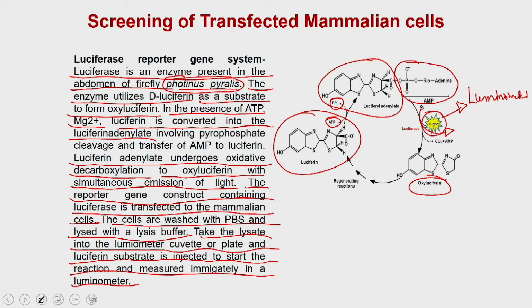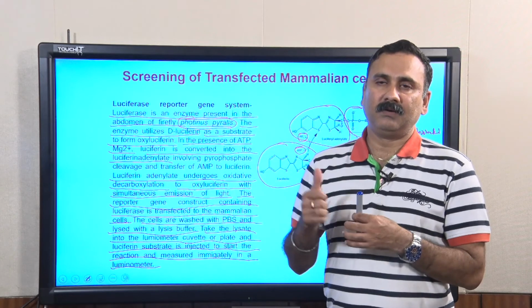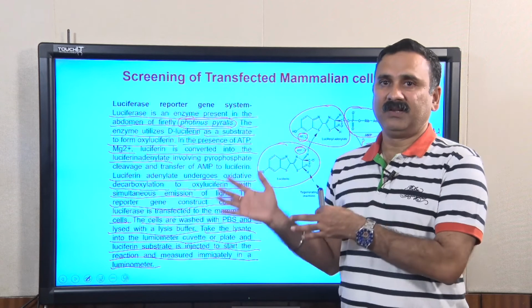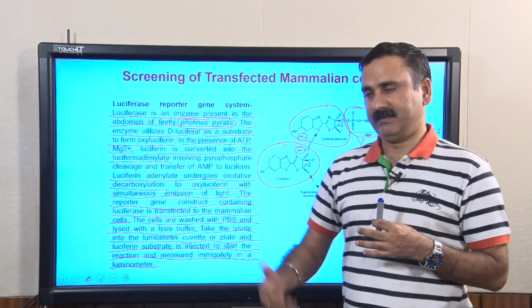So, what you have to do is first transfect the construct into the mammalian cells, then once the stimulation is over, you can lyse the cells, collect the lysate and put it into the cuvette or the luminescence plate, and then you add the substrate to measure the activity.